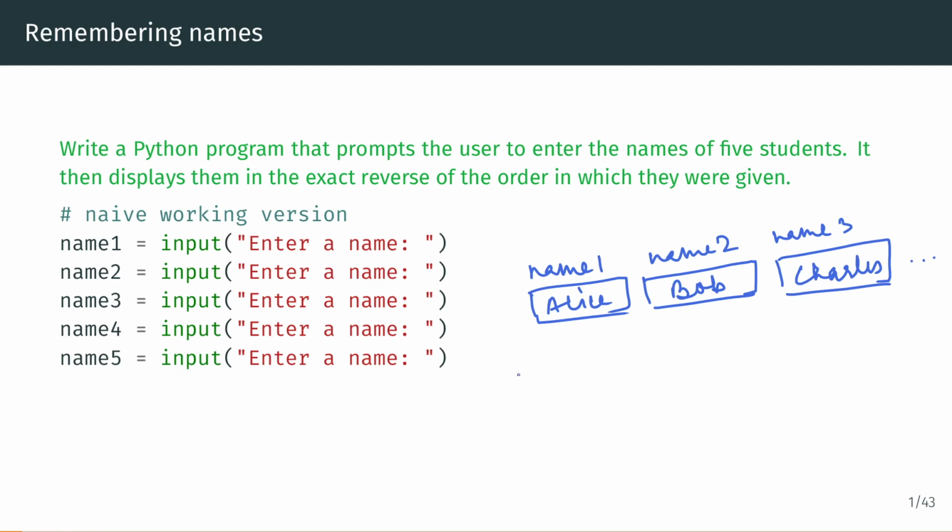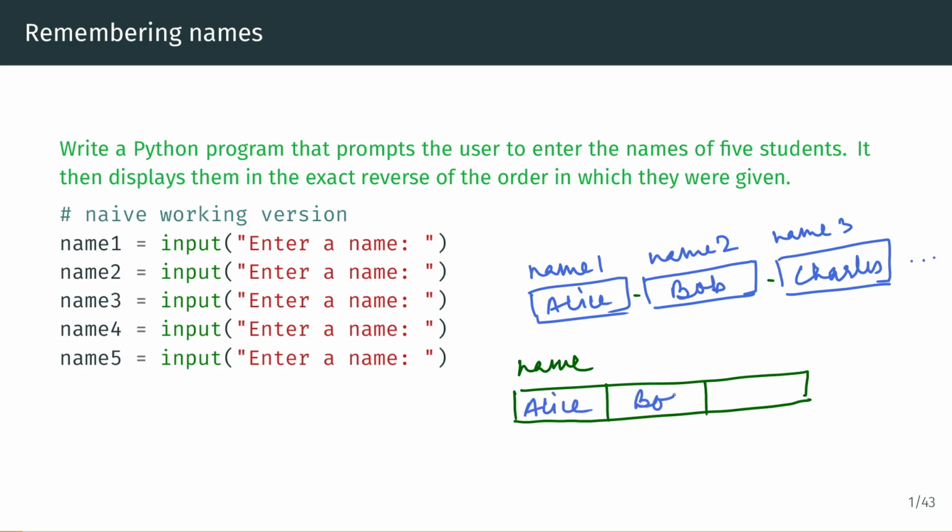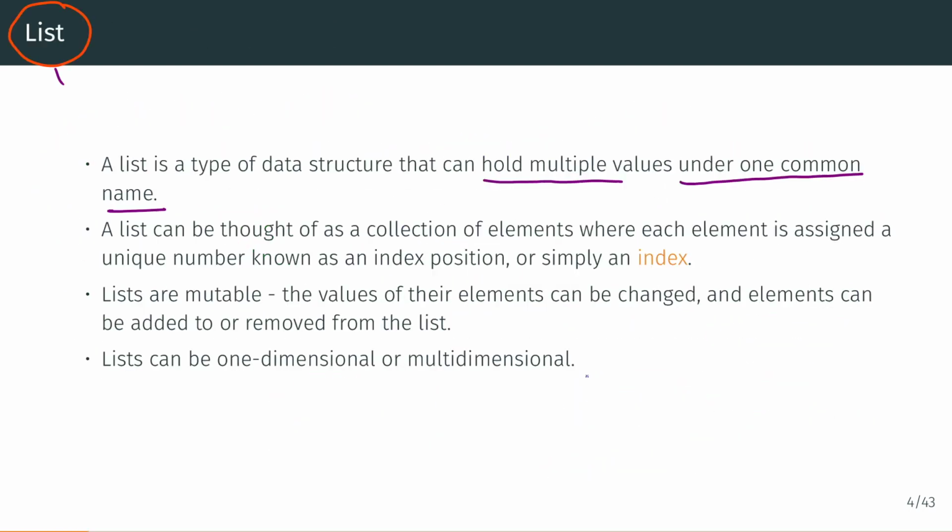Can we have something like name, which instead of these separate boxes, we have something like this, and here we have the individual names: Alice, Bob, Charles. Can we have something like this? So a list is essentially this. It stores all these values under a common name.